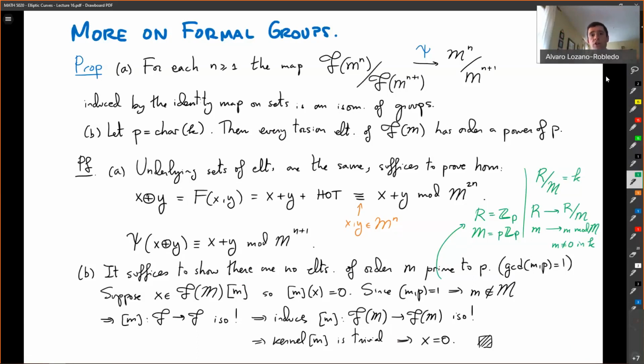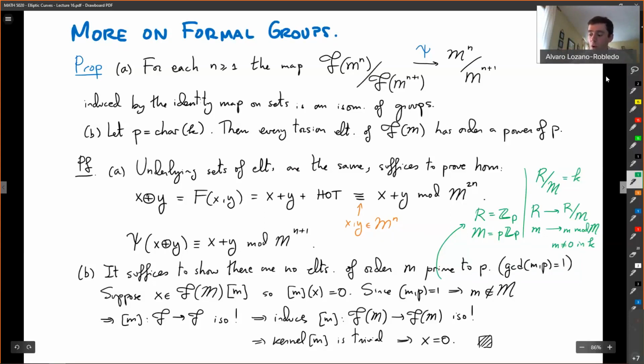An integer that is not divisible by P is one of the classes in the base field FP which are non-zero. So it's non-zero there, so it cannot be in the kernel, so it cannot be in the maximal ideal. All right, that makes sense now. Thank you so much. Yep.